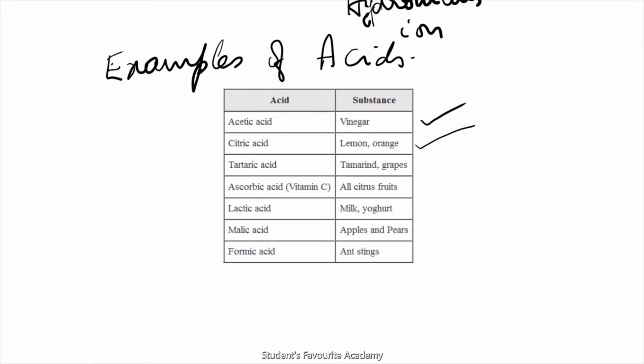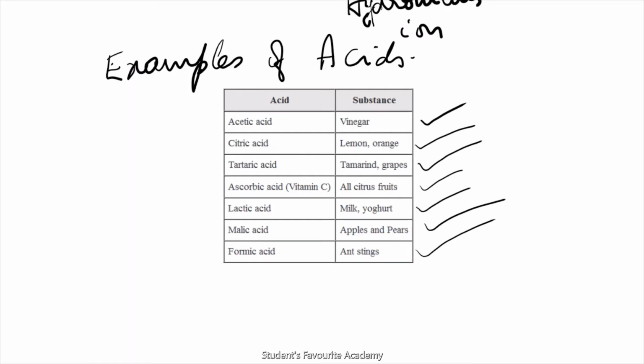Tartaric acid is in tamarind and grapes. All citrus fruits contain ascorbic acid. Milk and yogurt contain lactic acid. Apples and pears contain malic acid. And the sting of the ant also contains an acid, called formic acid.